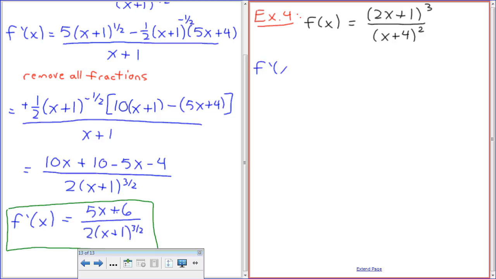Go ahead. Would it be chain rule? Yeah? So it would be 3 bracket x plus 4 squared. Oh, careful. X plus 4 squared. Yeah. And then the derivative of this is? 2.